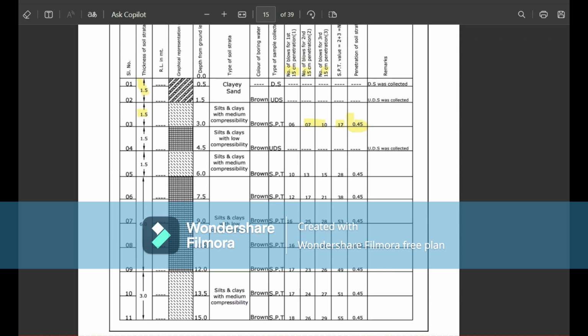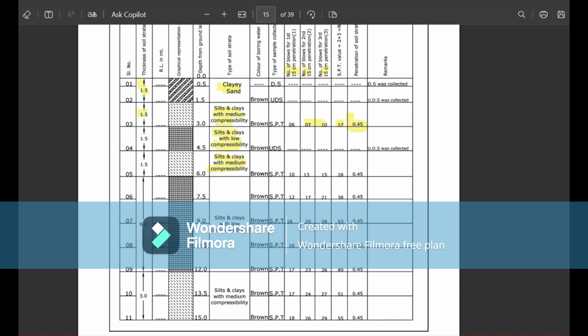Every 1.5 meter, they classify the type of soil. At first, clay sand, then up to 3 meter, they found silt clay with medium compressibility, and then silt and clay with low compressibility. Also plastic, low expansive, and also medium compressibility.